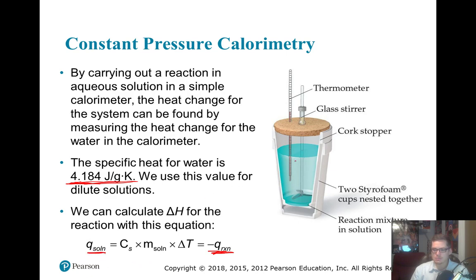So if we can measure the temperature change of the solution, and we can calculate the heat gained or lost by the solution, we know that that is equal but opposite to the heat gained or lost by the reaction. And because it's constant pressure, we also know that this is equivalent to our delta H. Pretty slick. And notice that we have our MCAT equation. They put the C and the M opposite each other. This is how the cool kids do it. All right. So anyway, C times M times delta T.